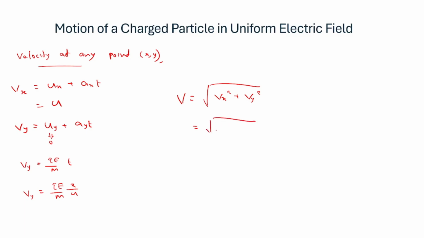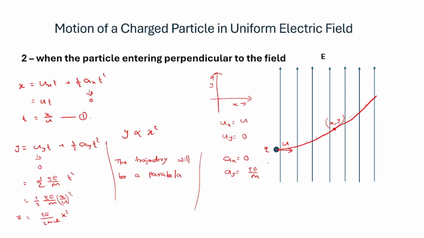So that will be equal to under root of u square plus (qE x upon mu) whole square. So this will be the velocity at any point.